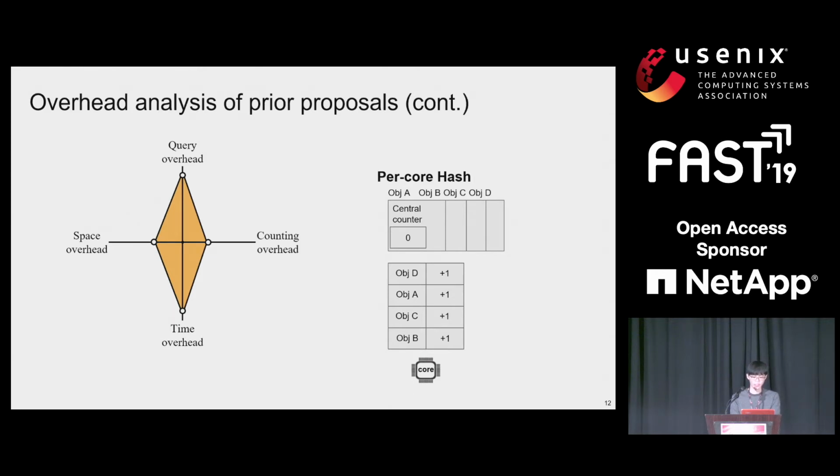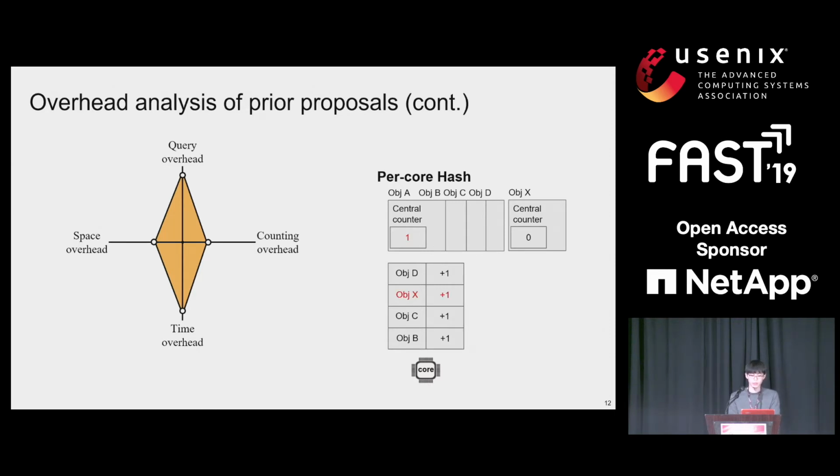Since per-core hash-based schemes periodically flush the local reference caches to the global one, if a hash table lacks available entries, you may need to trigger forceful evictions that internally evict some other entries by forcibly flushing the entries to the global one.